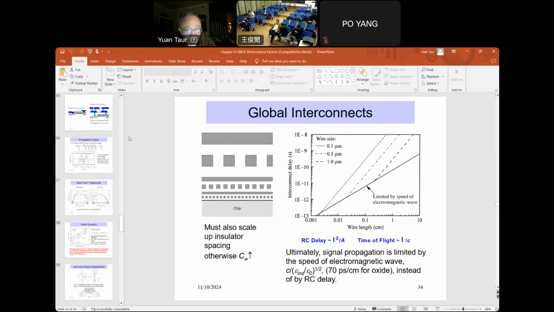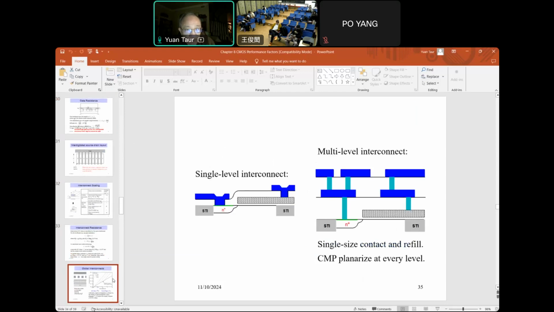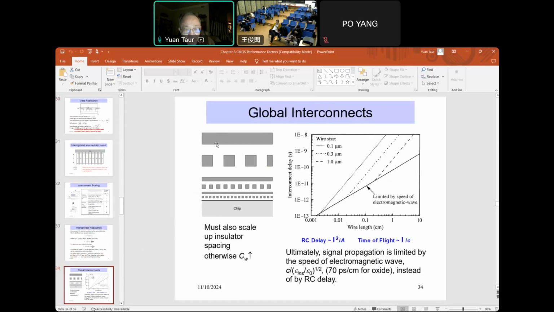Let's see, one more chart, and we'll take a break. Just to show you, because we obviously need multiple levels of interconnects. Today's microprocessors have most likely more than 10 levels of metal.